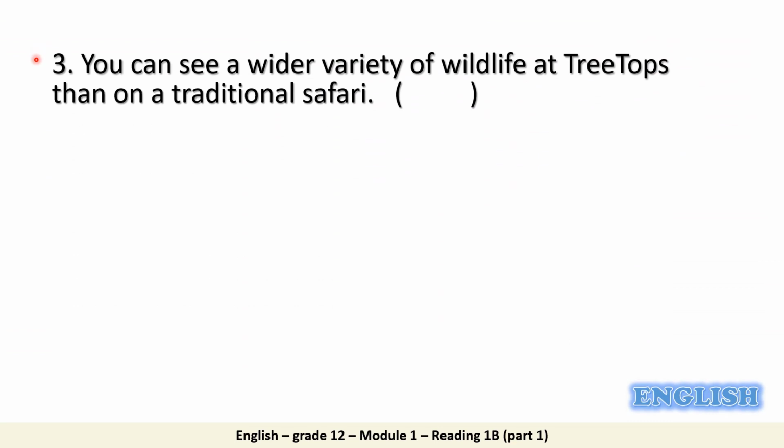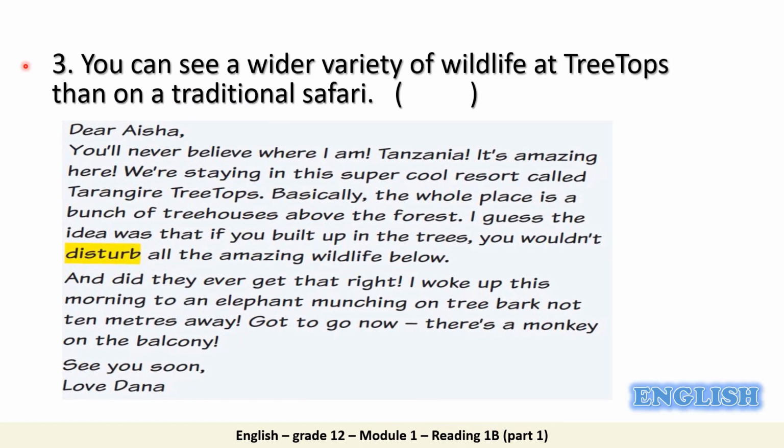Moving on to question 3, you can see a wider variety of wildlife at treetops than on a traditional safari. This is text B. What do you think? Okay, let's consider this part. We should have something that means a wider variety, maybe more animals, more plants.